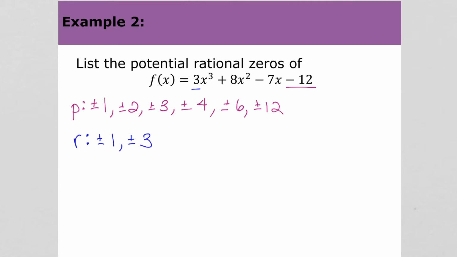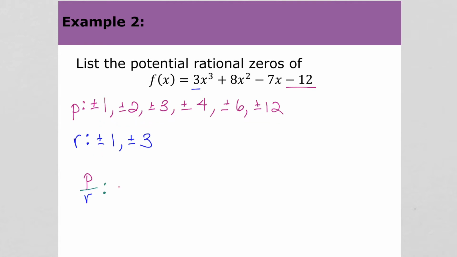So the potential rational zeros of f of x are this. It's each P over each Q. So first you have all these over 1.